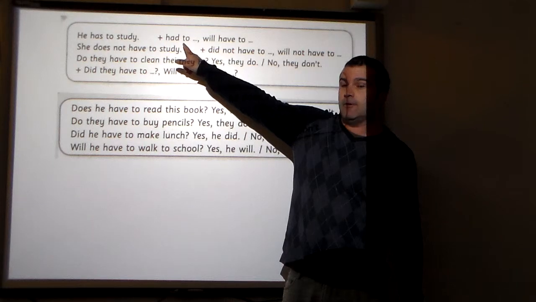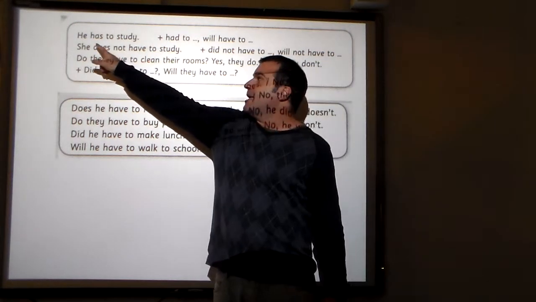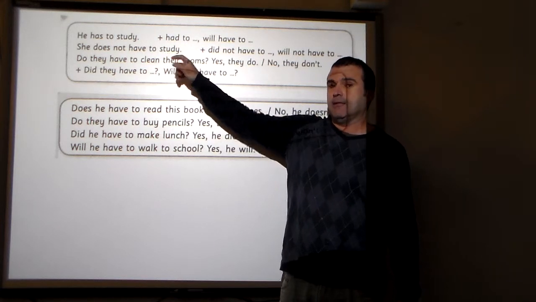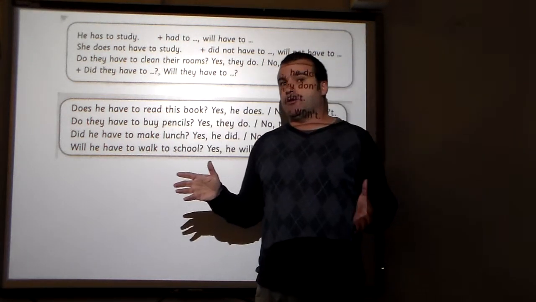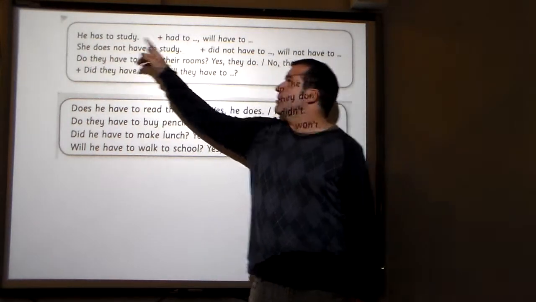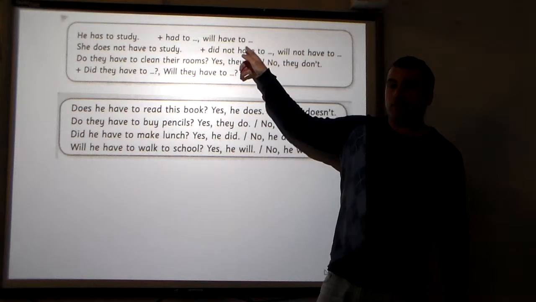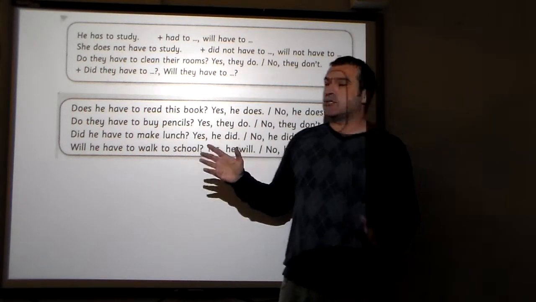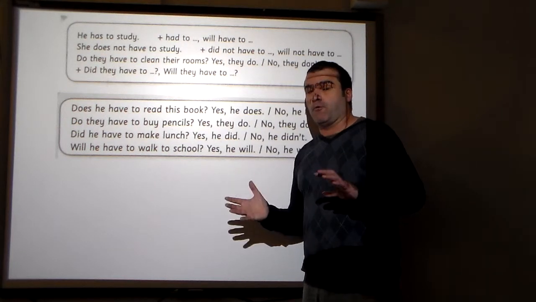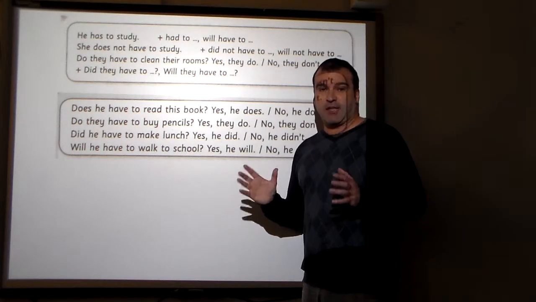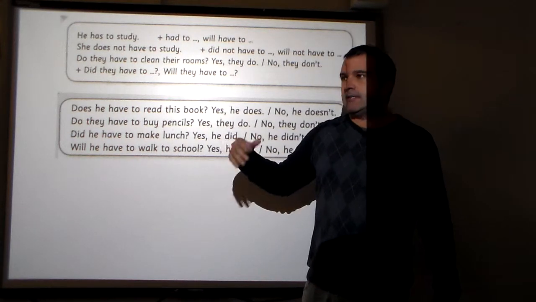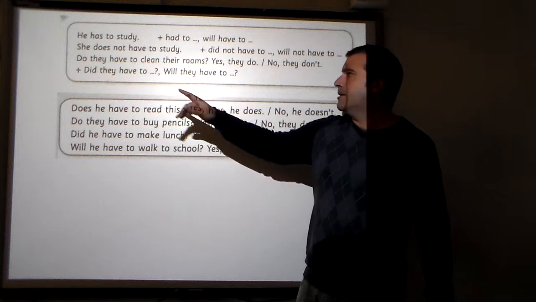So he had to study. Let's imagine we want to take it into the future. So he will have to study. It's pretty simple. You just got to apply these rules in order to transform the sentences, and be very careful. We will talk about that a bit later on.